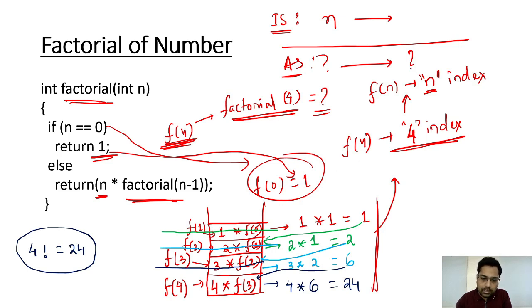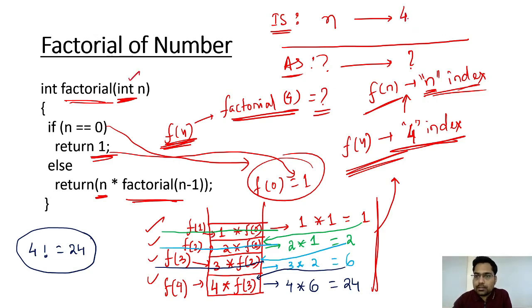Here this is one index, first, second, third, fourth. Four indices for f of 4, n indices for f of n. Each index is 4 bytes, because an integer is getting multiplied.